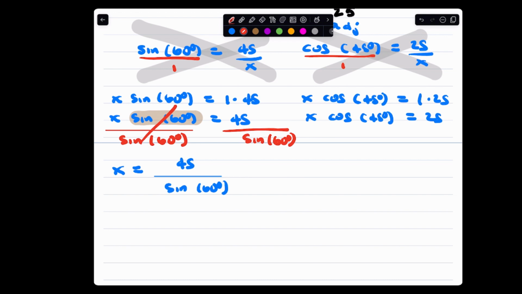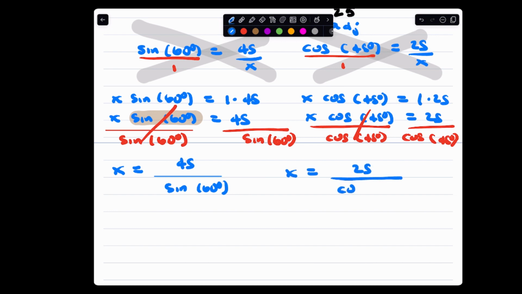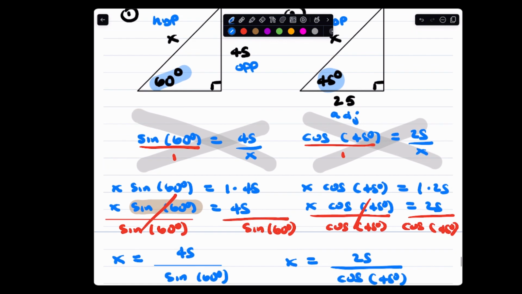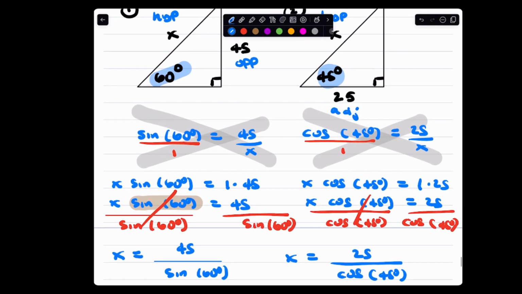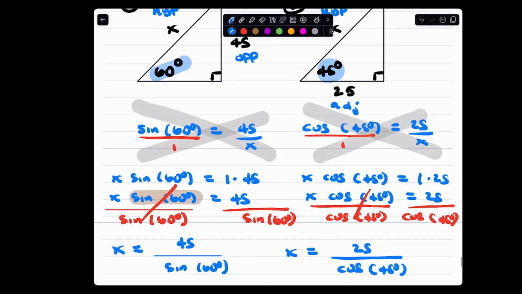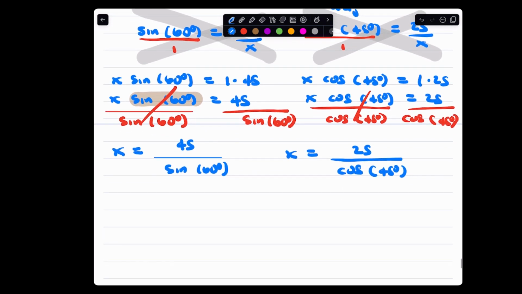And in this case, you divide both sides by cosine 45, so you cancel. Now you have x is 25 over cosine 45 degrees. Compare and contrast. Notice how they're similar, but different.